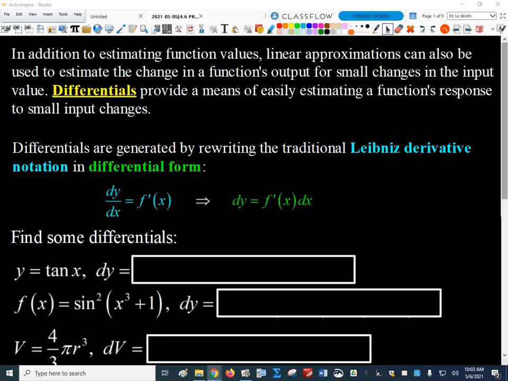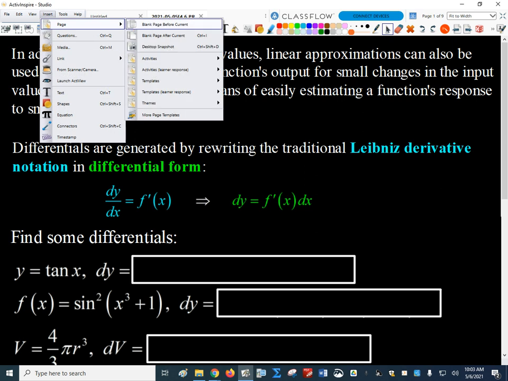Okay, let's maybe do one quick example of that before we jump into this stuff. Okay, what if we wanted to, for example, estimate, what's that?